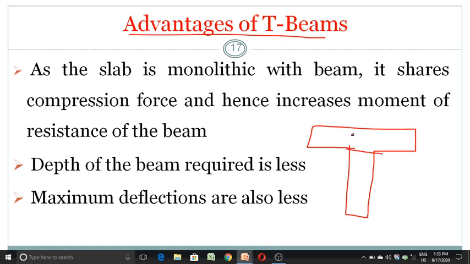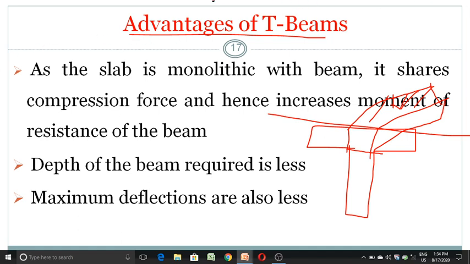The actual beam is up to here only, and along the length of the beam, in the longitudinal direction, we have provided this much extra thickness of concrete over the beam. As we are providing concrete in the compression zone, it will give more compressive strength, so it will resist more compressive stresses, hence it can increase the moment resisting capacity of the compression zone.